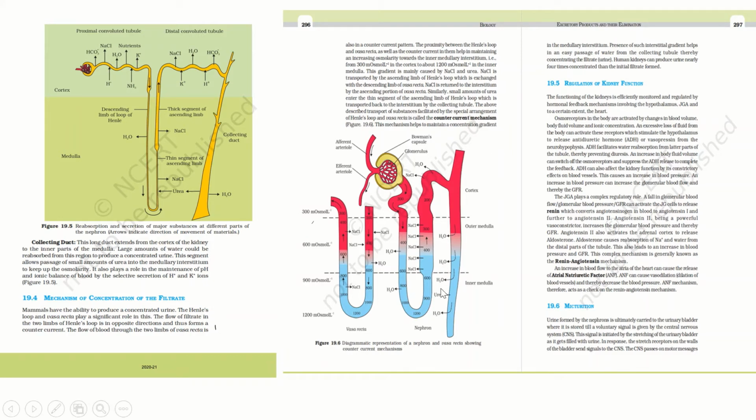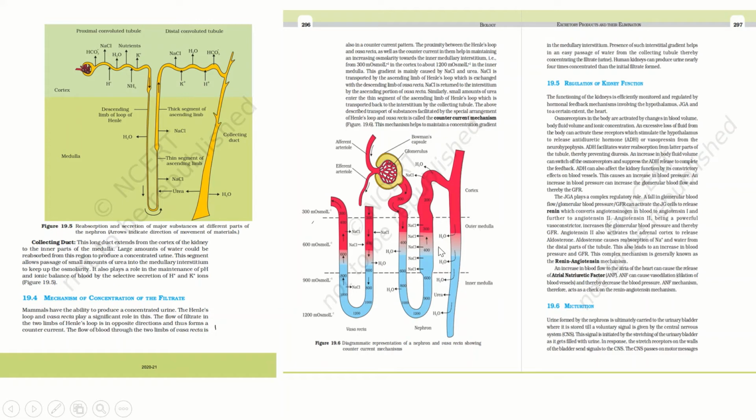Now what else we can see over here is the last duct, which is the collecting duct. The collecting duct extends from the cortex of the kidney to the inner part of the medulla. Now what happens here? A large amount of water gets reabsorbed.